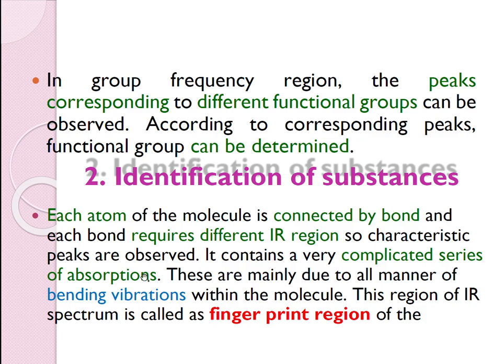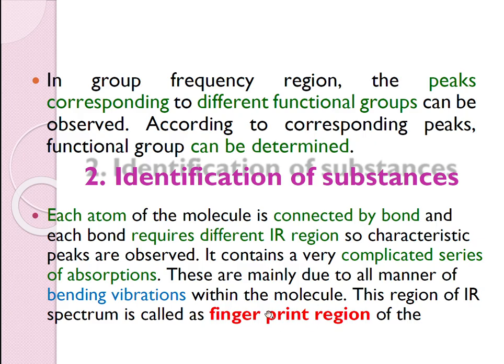It contains a very complicated series of absorptions that are mainly due to all manner of bending vibrations within the molecule. This region of the IR spectrum is called the fingerprint region. We know the fingerprint region is just below 1500 per centimeter wave number.